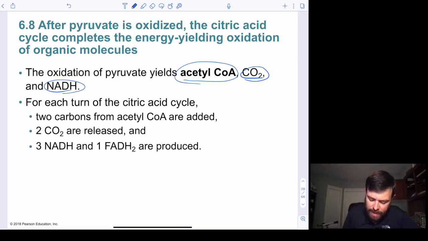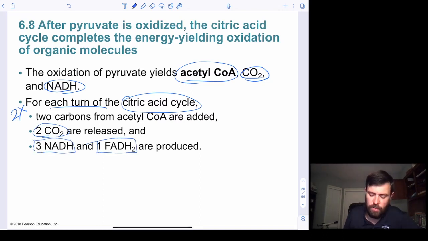And then as the citric acid cycle turns, and remember, it says each turn, because how many pyruvate do we have, or pyruvic acid? 2. So this is 2 times, right? So 2 carbons from acetyl-CoA are added, 2 CO2 are released, we get 3 NADH and 1 FADH2. So if I multiply that by 2, just to keep our numbers: 2 CO2, 2 times 2 is 4, 4 and 2 is 6 CO2. Check that, our 6 carbon.